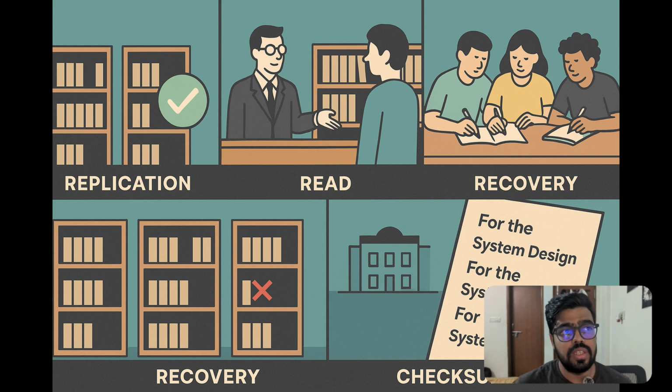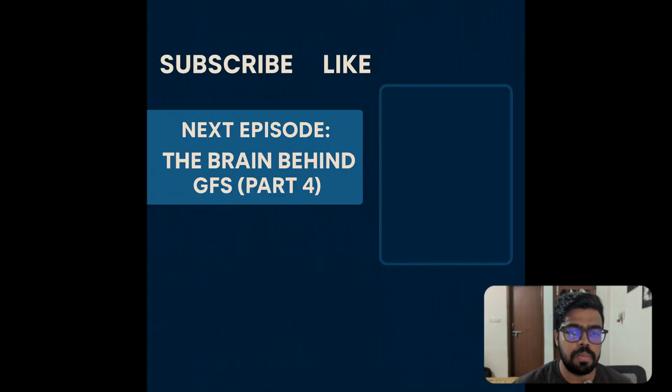Next is consistency and recovery that keeps the system self-healing, and last is the checksum that protects data integrity by detecting corruption at the chunk level. Together, these features help the system be highly fault tolerant, reliable and accurate. In the next part, we'll open up the brain of the system, that is the master server, and explore how it manages everything behind the scenes.